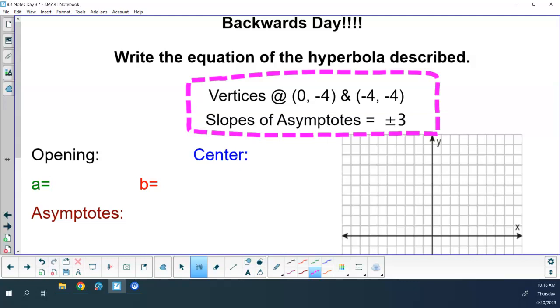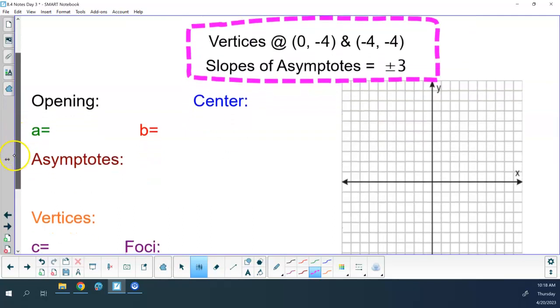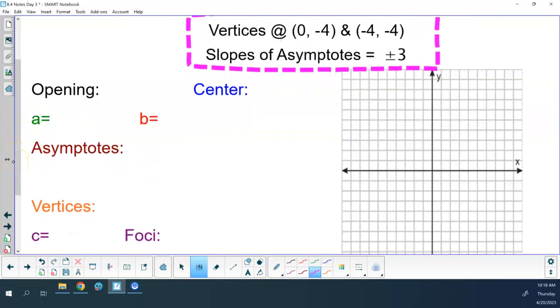Well, let's go with what we know. So we know that the vertex is at 0, comma, negative 4. 1, 2, 3, and 4. So there is one vertex. The other vertex is at negative 4, comma, negative 4. 1, 2, 3, 4, right there.